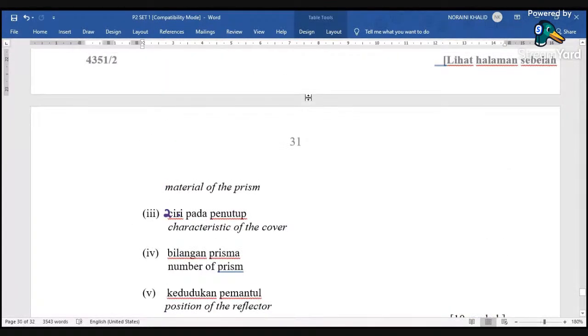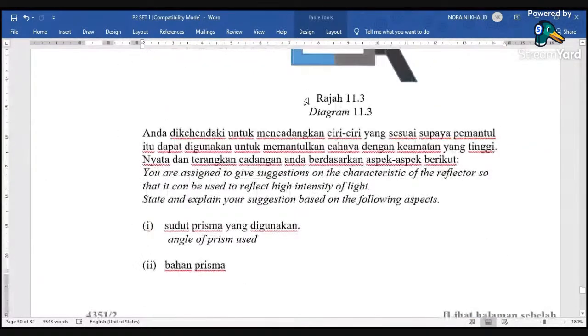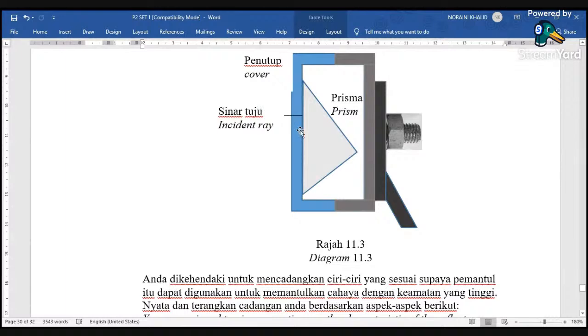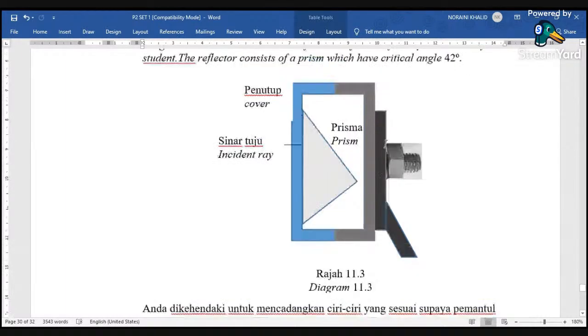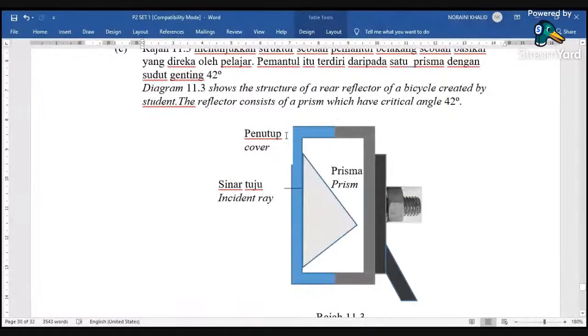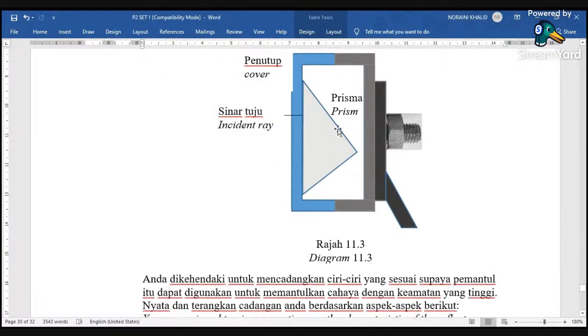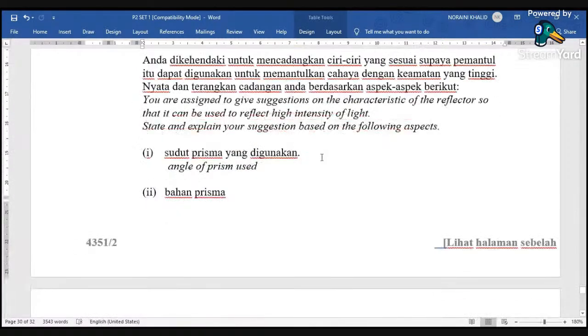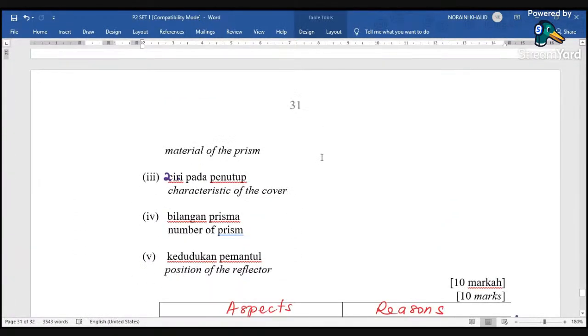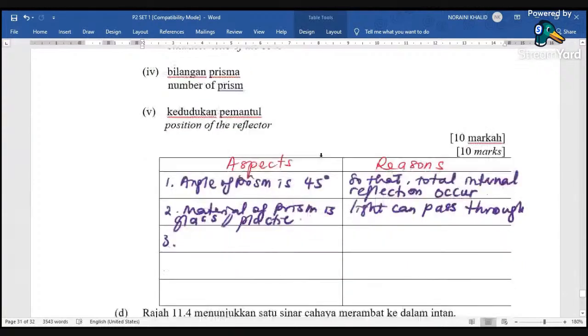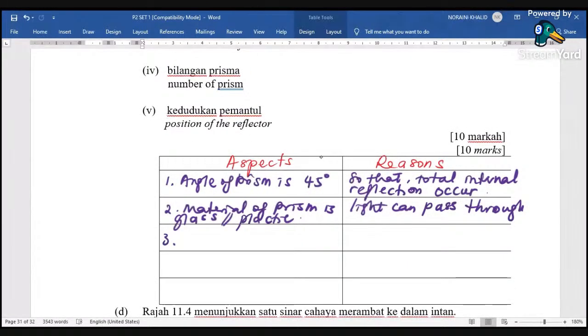Characteristic of cover. Okay, you can look again at this one. Cover, incident ray, prism. Okay, this is for a bicycle. Characteristic of cover: the cover is waterproof.